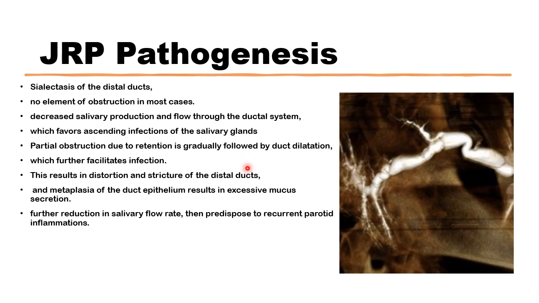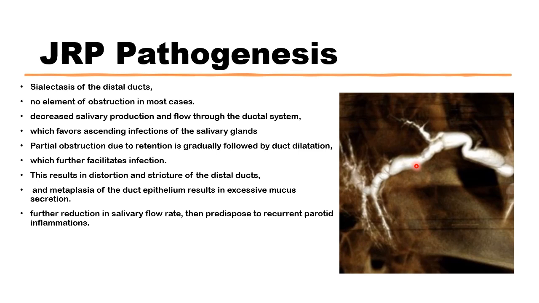Also, there would be some distortion of the duct itself, as you can see, and with inflamed areas and fibrous healing of these inflamed areas, some strictures could also be noted. Despite the generalized dilatation, there would be localized strictures in many areas, giving the duct this beaded-like appearance.